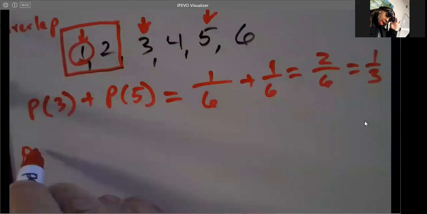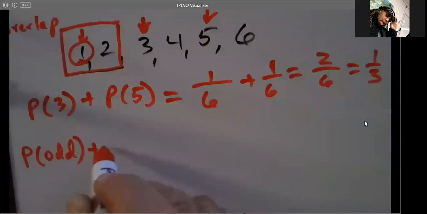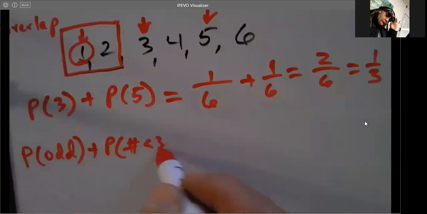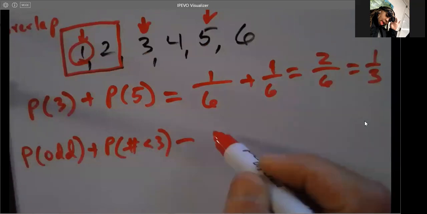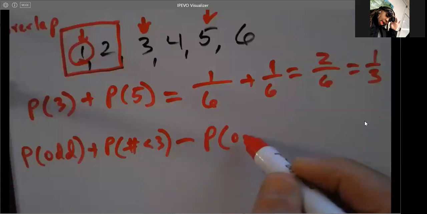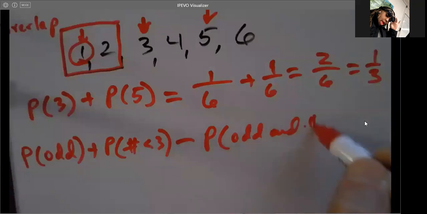So the probability of odd plus probability of a number less than 3, but you have to subtract the probability of odd and a number less than 3.